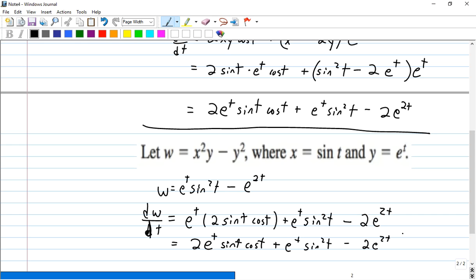They're the same, right? So whether I make all of the substitutions to begin with and take the derivative, or I follow the formula for the chain rule, I get the same answer.